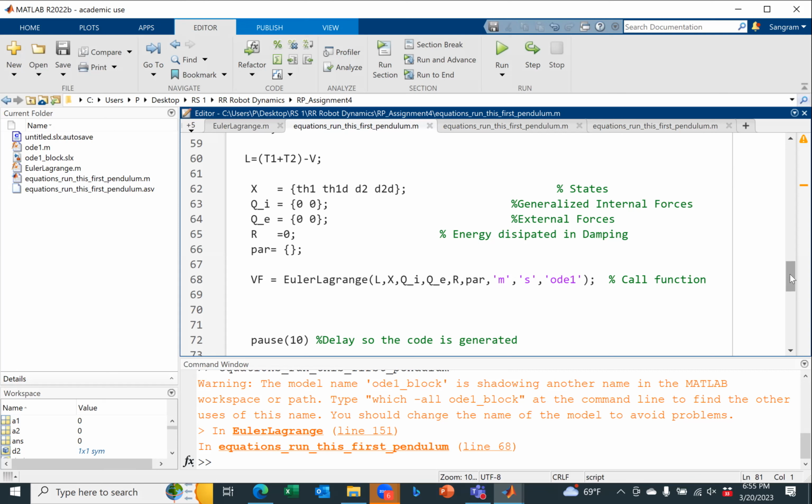Now I need to find out the kinetic energy of this mass. So d by dt of Px. Now please understand, D2 is a function of time, cosine theta is also a function of time. So this equation is d by dt of D2 cosine theta 1 plus L1 cosine theta 1.